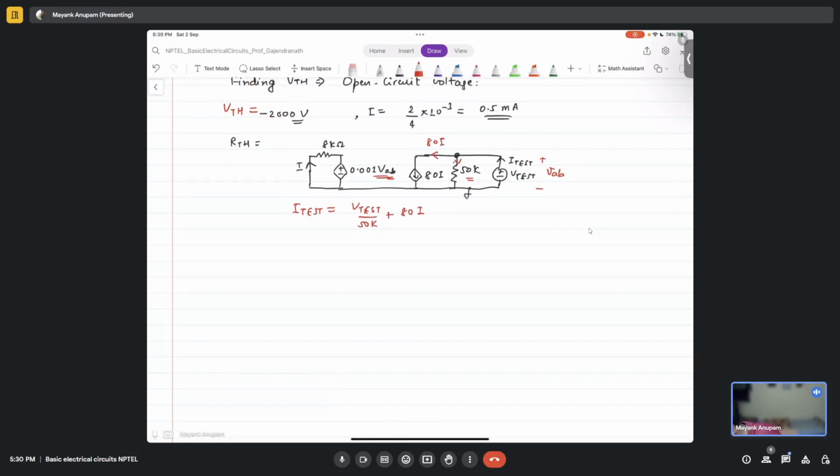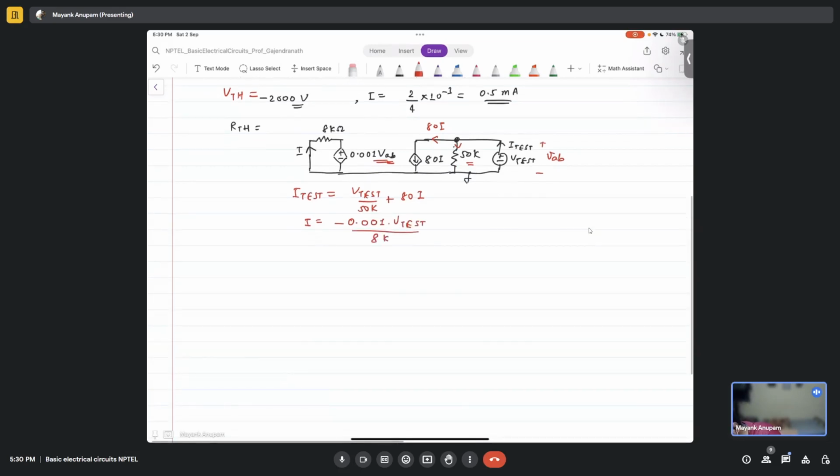So how much is I here? It is minus 0.001 into V test upon 8 kilo ohms, right? Okay, so let's replace that here. What will I get?